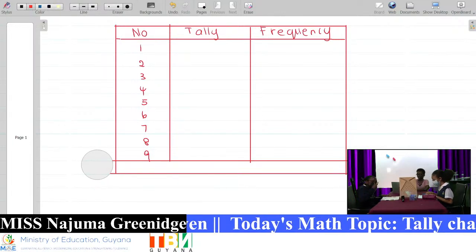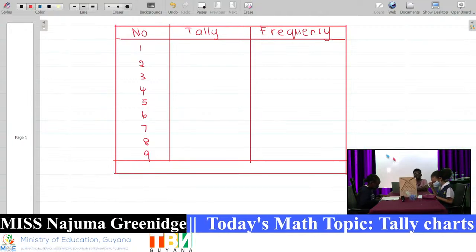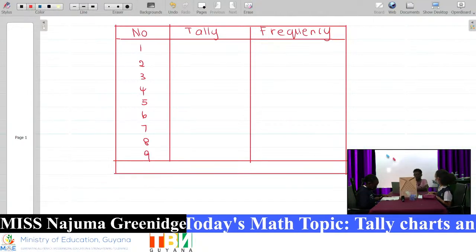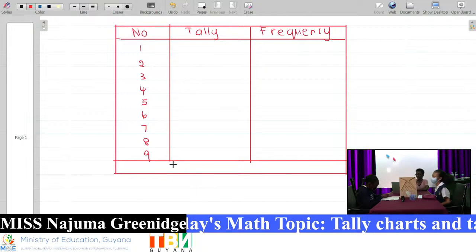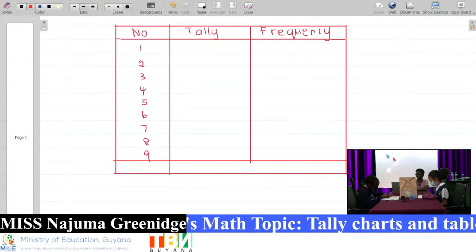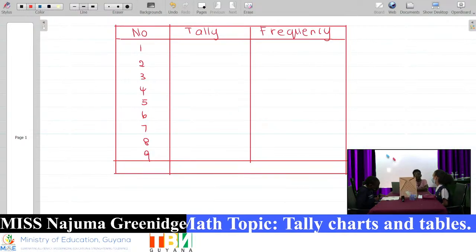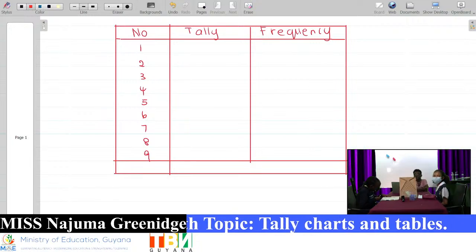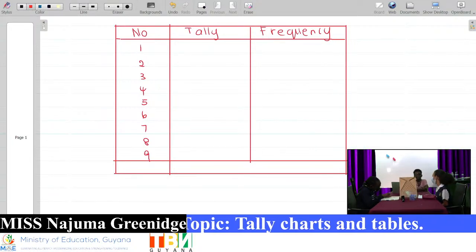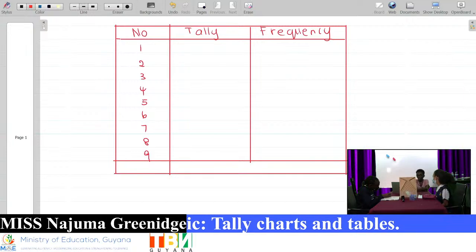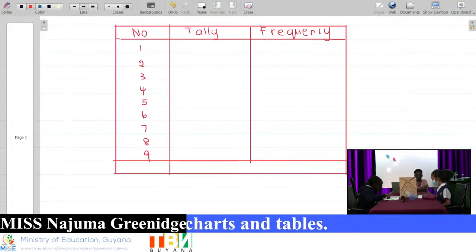Nice table. Hope we have enough space for our tally. Alright. So the frequency is going to tell you how many times a marble lands on one of the specific numbers. Good. So we are going to alternate. Each one of you is going to... When you finish, we're going to alternate, allowing a marble to roll down and see what number it lands on.